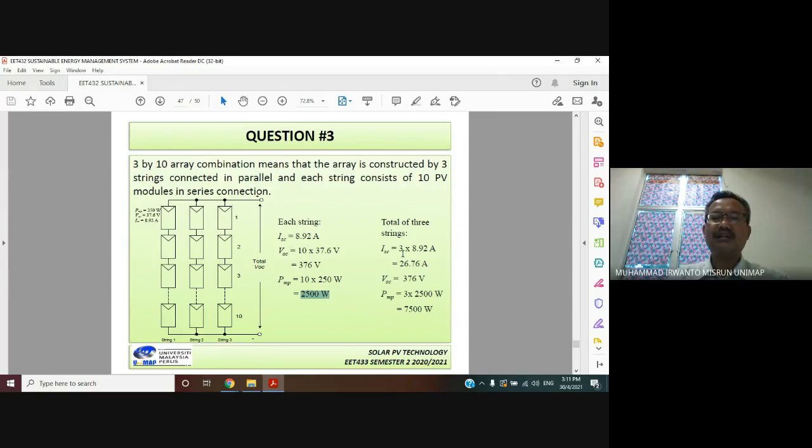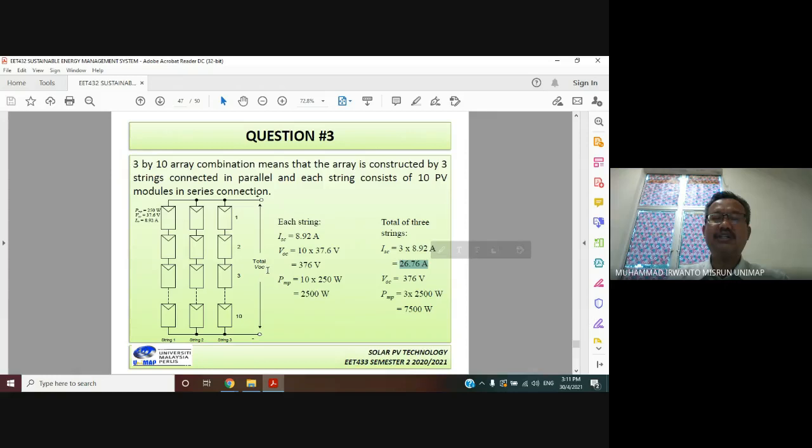The short circuit current, at this point, is the summation of each string, each string 8.92. Because we have 3 strings, the total short circuit current is 3 multiplied by 8.92 amperes, equal to 26.76 amperes.